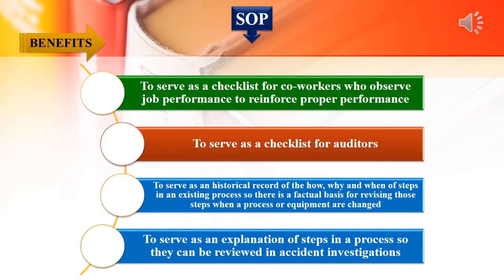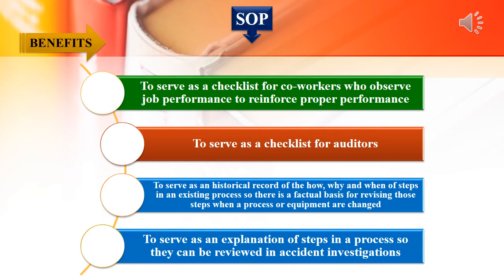SOP serves as a checklist for co-workers who observe job performance to reinforce proper performance. It serves as a checklist for auditors. It serves as a historical record of the how, why and when of steps in an existing process, so there is a factual basis for revising those steps when a process or equipment is changed.